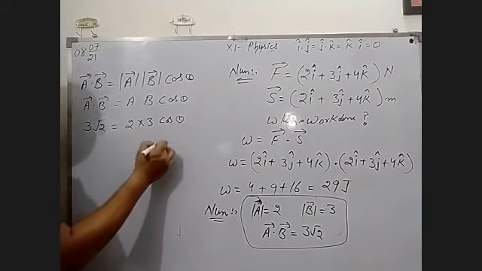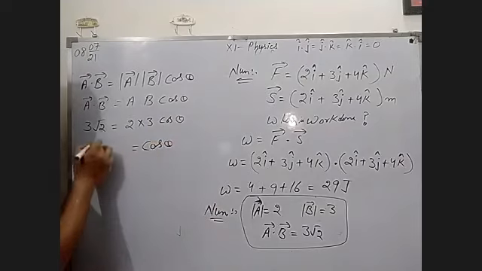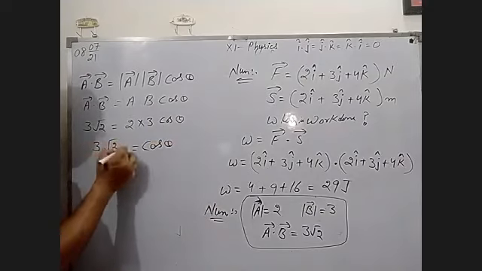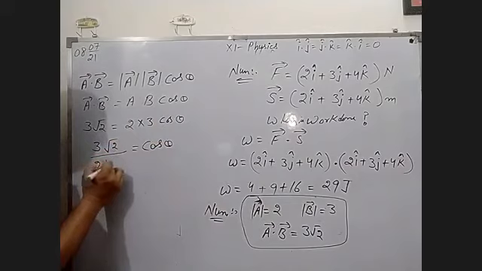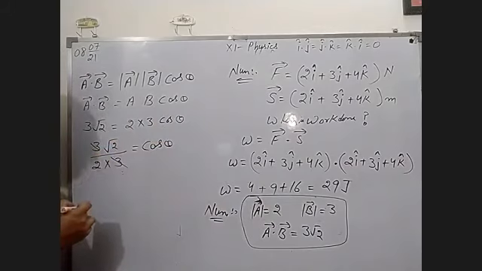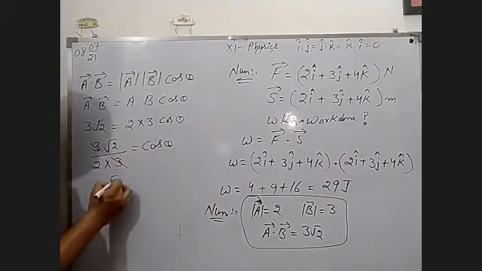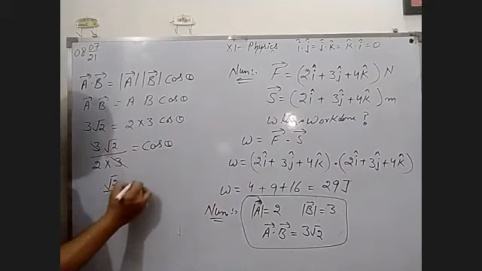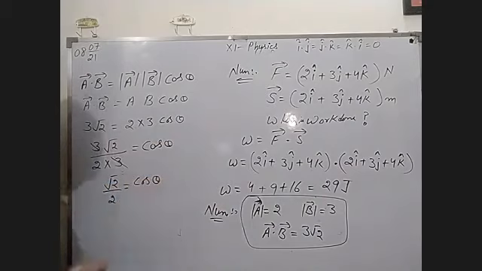Now, cos theta is equal to 3 root 2 upon 2 into 3. 3 and 3 cancel. Now, root 2 upon 2 is equal to cos theta.